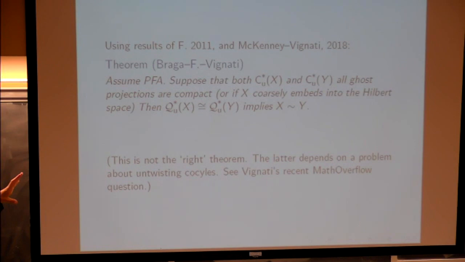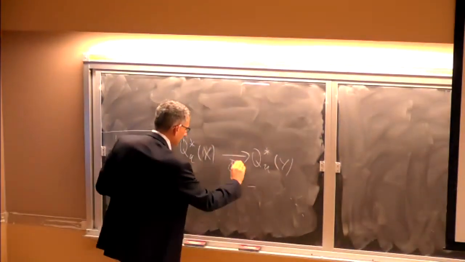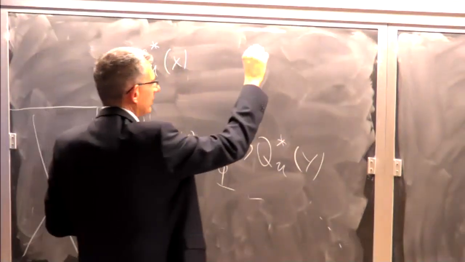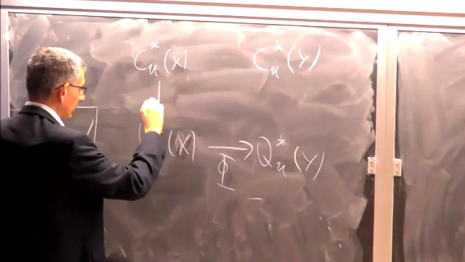But you see, to me at least, the right theorem in this subject should look like this. Just draw it. So here we have the corona of X and the corona of Y, right? So there is an isomorphism phi. Now here are the algebras, and here are the quotient maps.